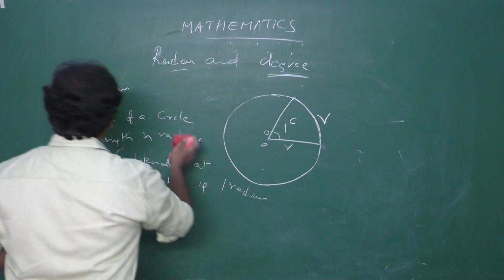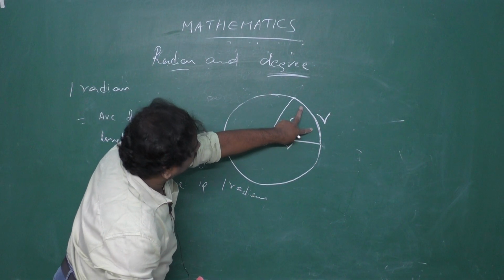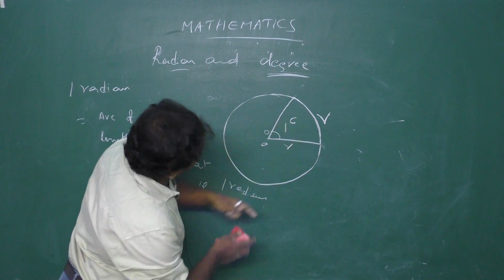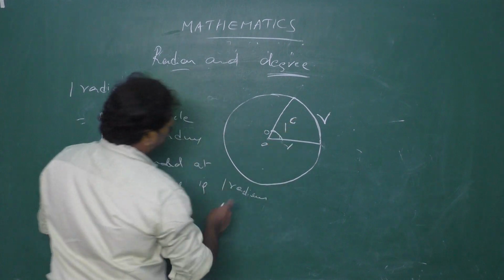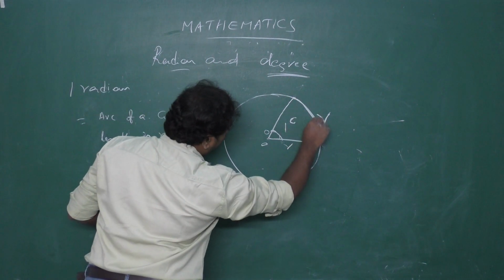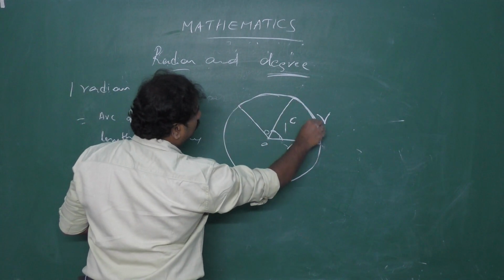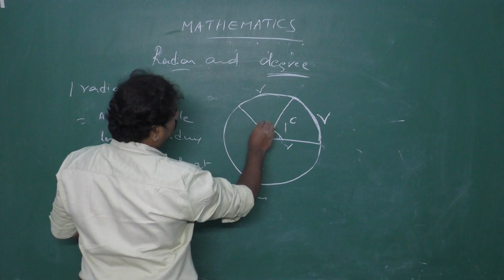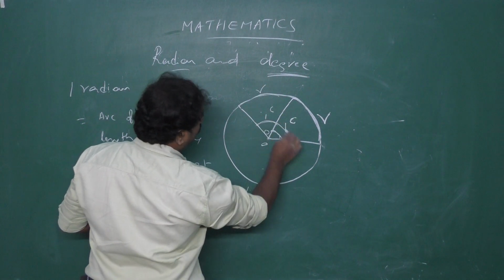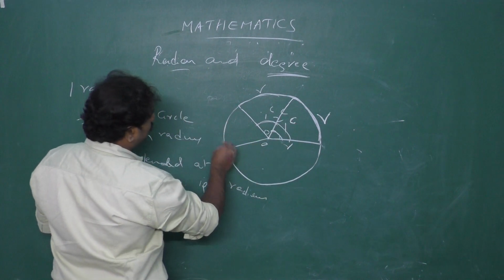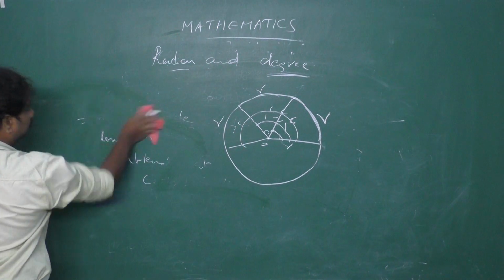When you take this radius, the length of arc is 1 radius, and this arc subtends this angle at the center, which is defined as 1 radian. Suppose you take an arc of length 2 radii, that will be 1 more radian, total 2 radians. Suppose 3 radii, 3 radians.